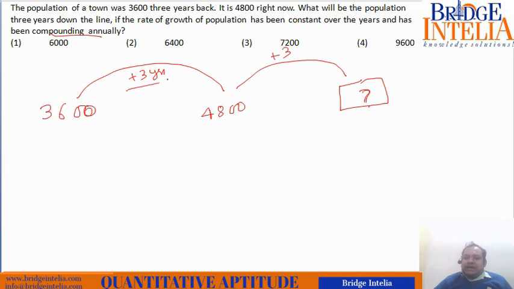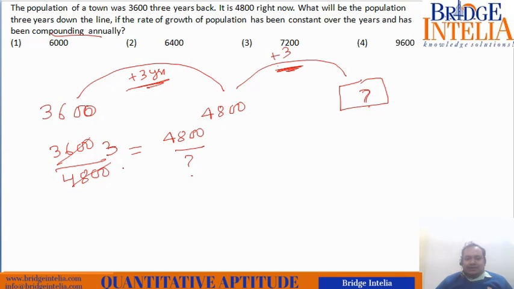So proportionality will be maintained because time gap is same. So you can say 3600 to 4800 will be exactly equal to 4800 to the missing number. So let's find out the missing number. 36 and 48, both are multiples of 12.